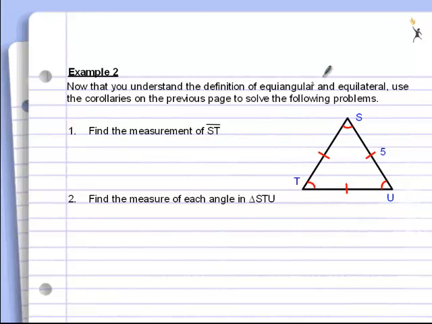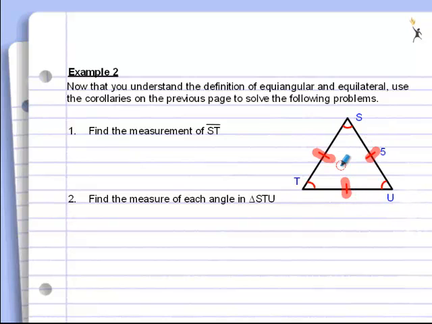Now that you understand the definition of equiangular and equilateral, use those two corollaries on the previous page to solve the following problems. We're told to find the measurement of ST. Something that I want you to notice right away is that in this triangle, we'll call it STU, we're given right away that three sides are the same, or are congruent.